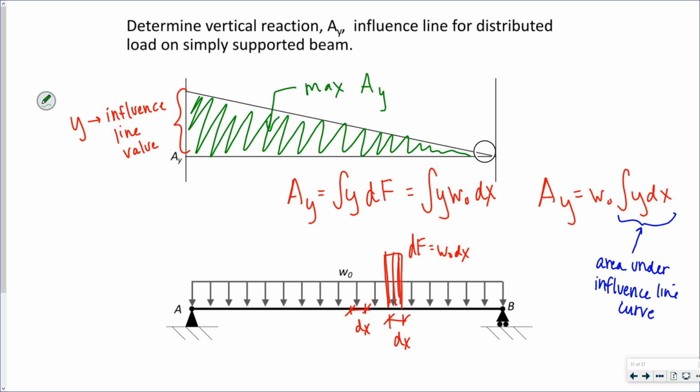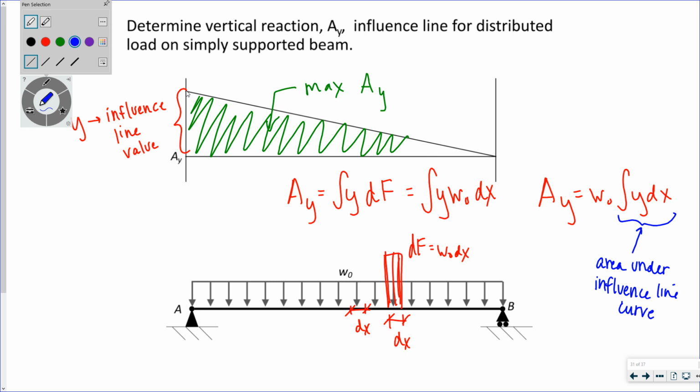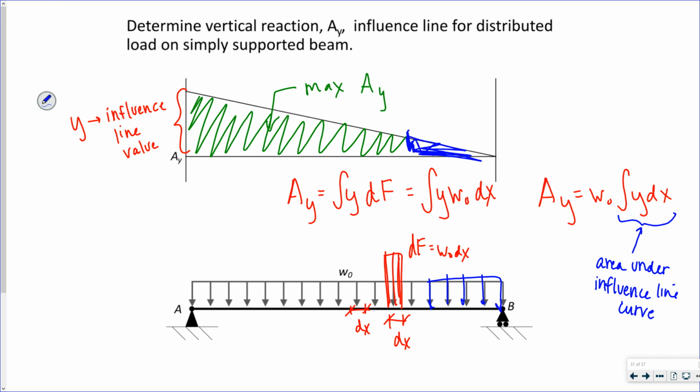If I only applied it to this part, my reaction at A would only be that area.